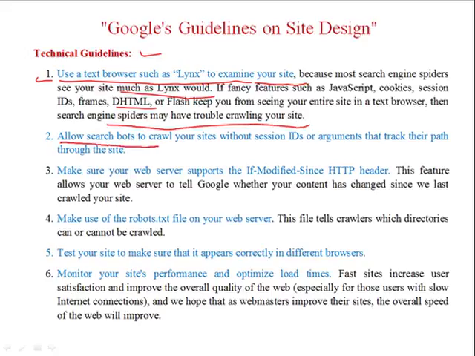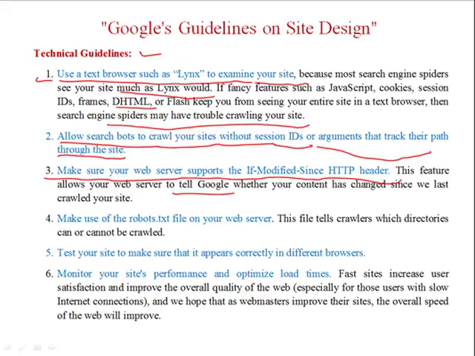Allow search bots to crawl your site without session IDs or arguments that track their path through the site. Make sure your web server supports If-Modified-Since HTTP headers. This feature allows your web server to tell Google whether your content has changed since we last crawled or not.